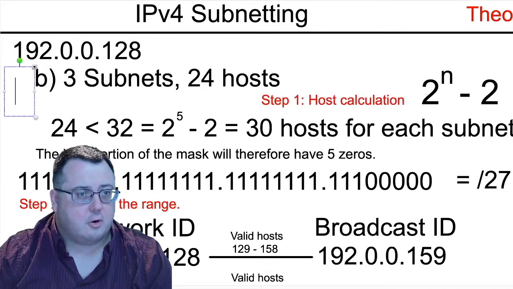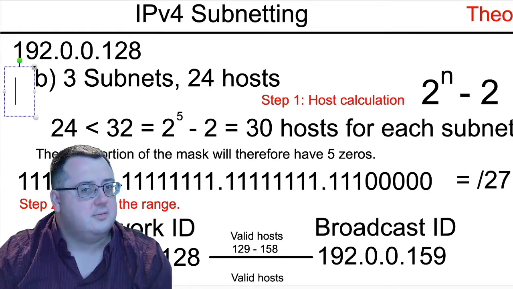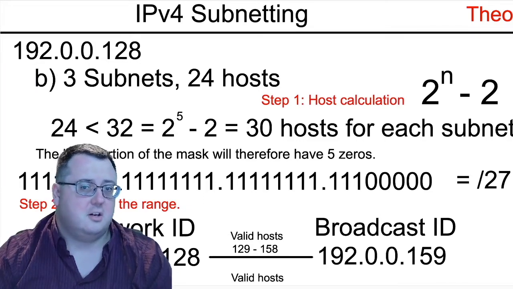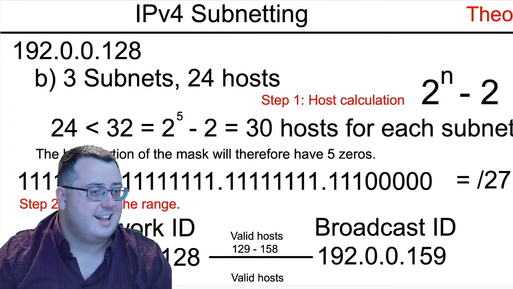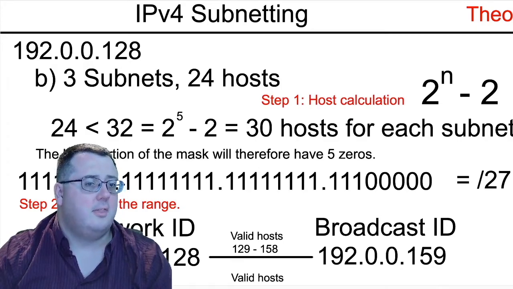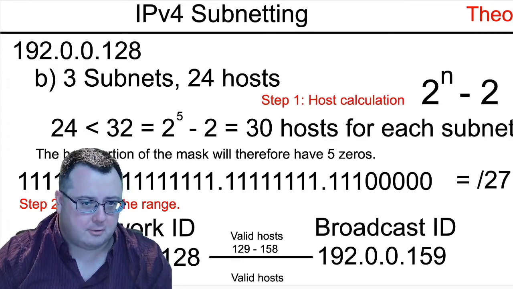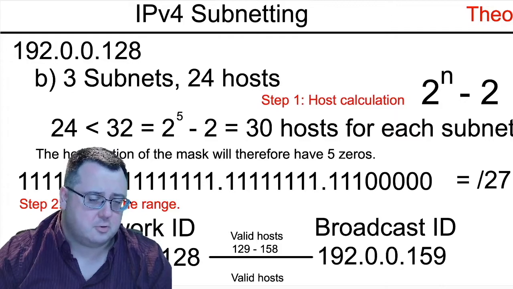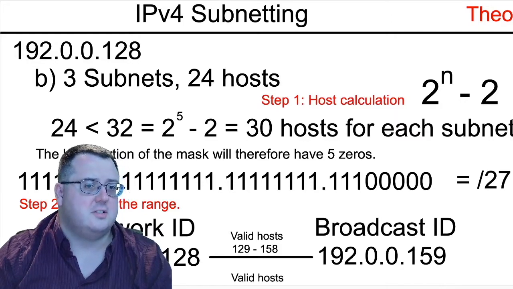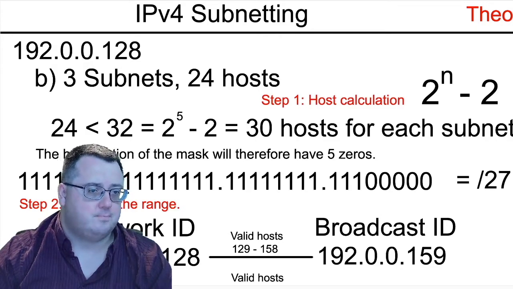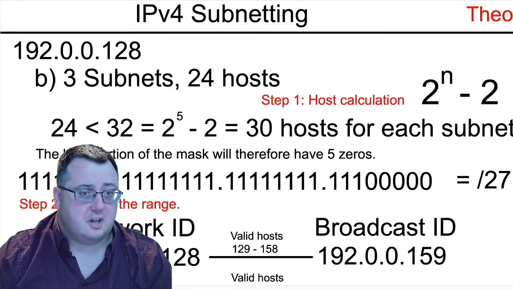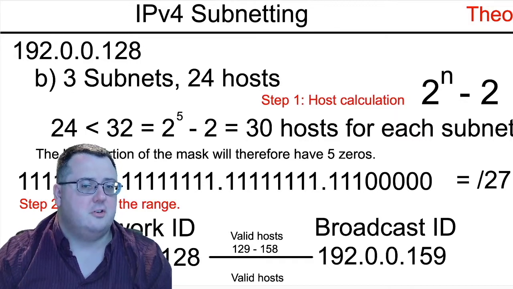This second requirement, 3 subnets and 24 hosts, again, host calculation, 2 to the power n minus 2. Well, 24 hosts is less than 32, and 32 is 2 to the power 5. I again have to subtract my network and broadcast IDs, giving me 30 hosts for each subnet. So the host portion will have 5 zeros because 2 to the power 5 is 32.